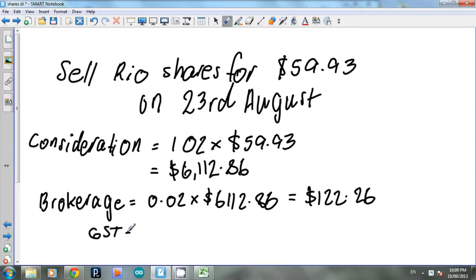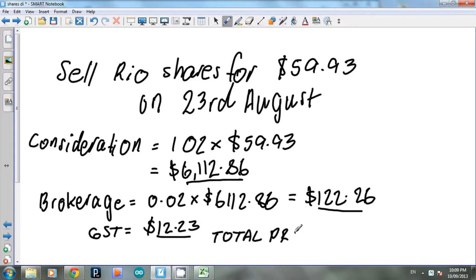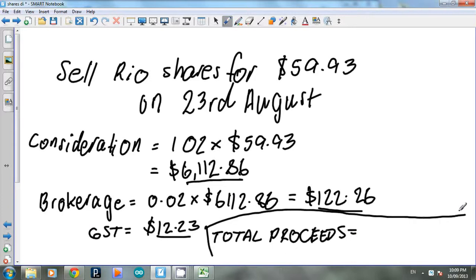And the GST will be 10% of that. So if I just move the decimal and adjust, that'll be $12.23. So the total proceeds of sale here, you'll remember, is the consideration, take the brokerage and take the GST.